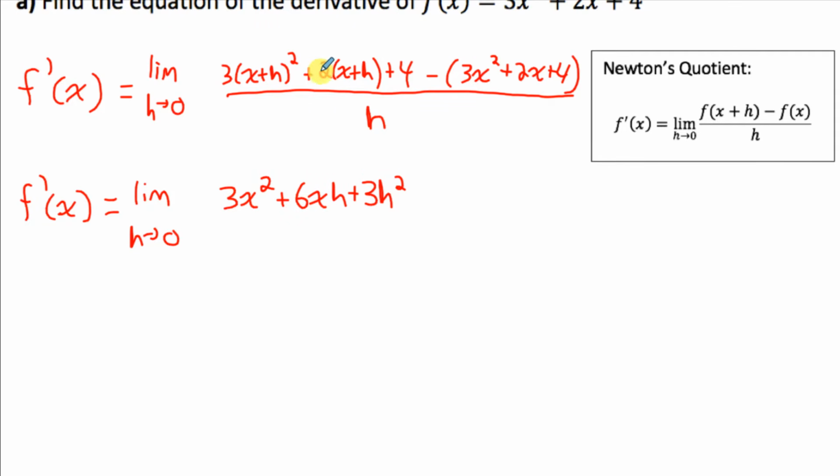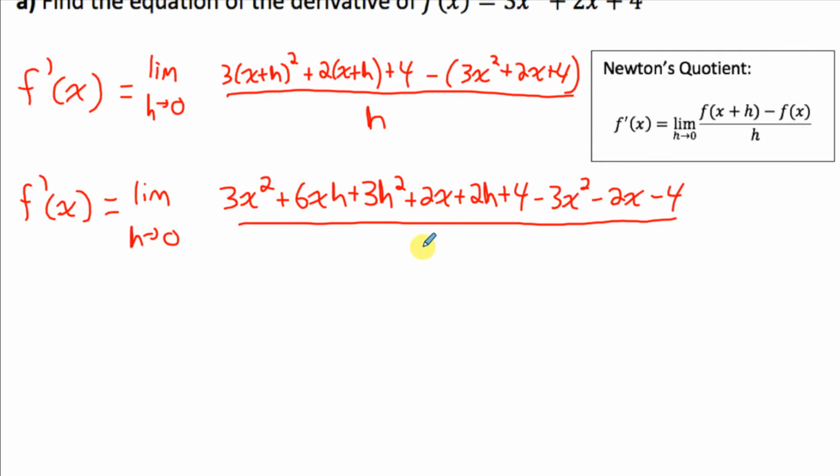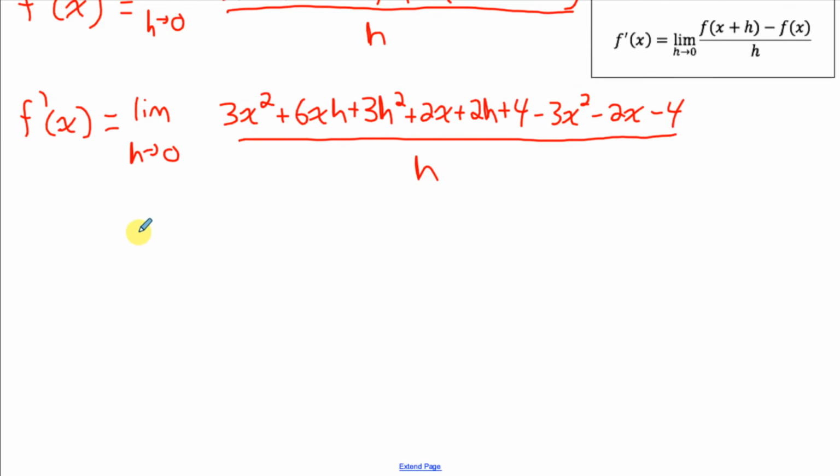Okay, now I'll expand the 2 in, 2x plus 2h plus 4, and then I need to subtract all 3 of these terms. So subtract the 3x squared, subtract the 2x, and subtract the 4. And this is all over h.